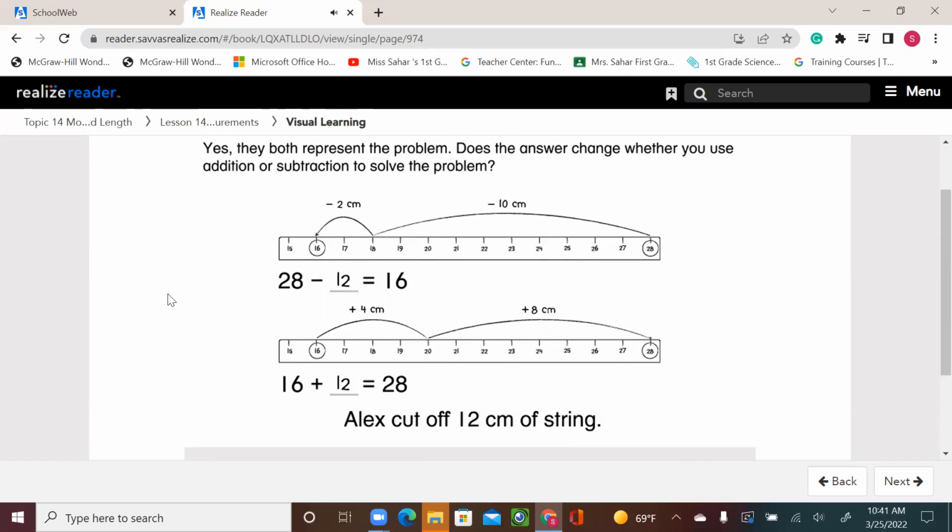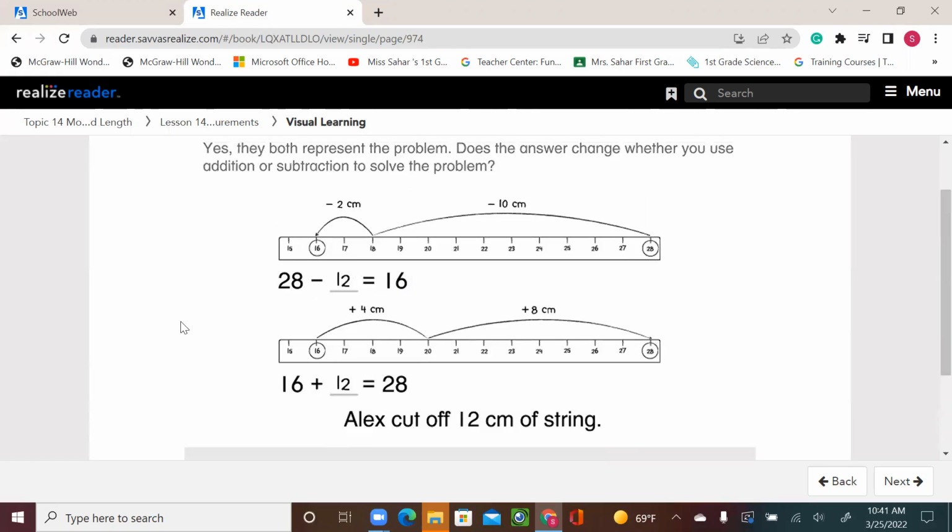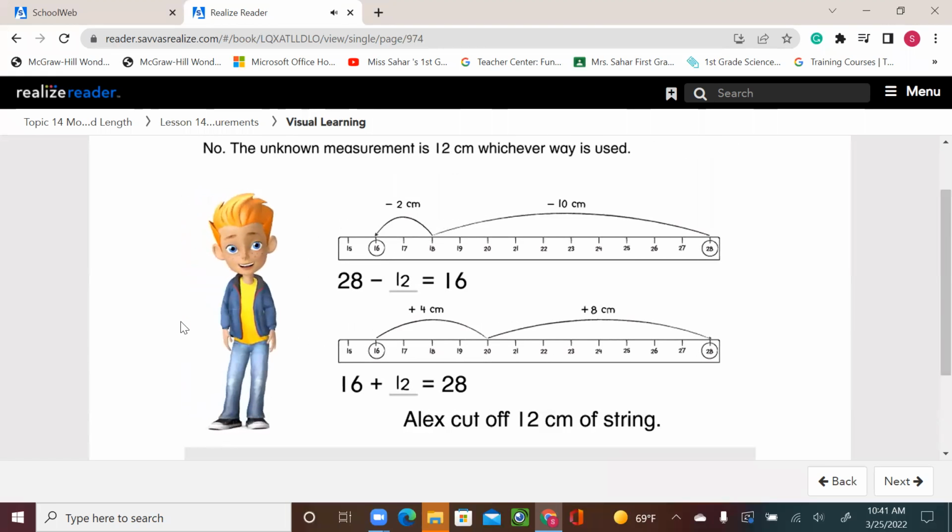Does the answer change whether you use addition or subtraction to solve the problem? No, as we see, our answer remains the same if we use subtraction or addition. No. The unknown measurement is 12 centimeters, whichever way is used.